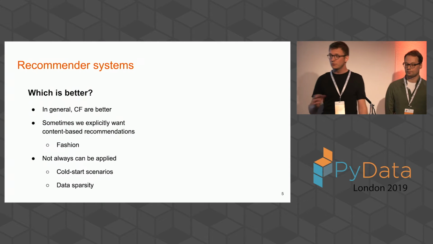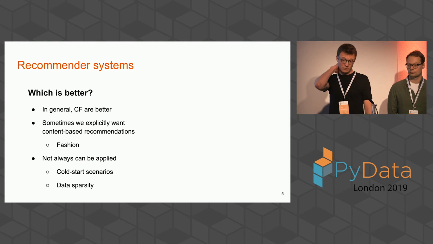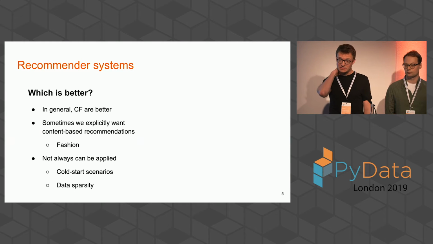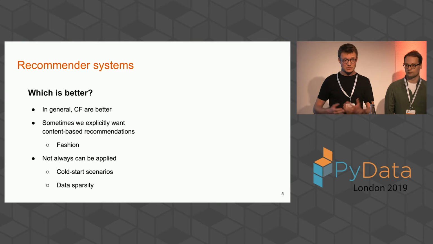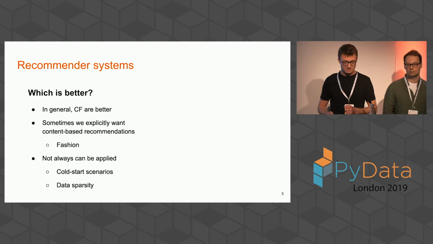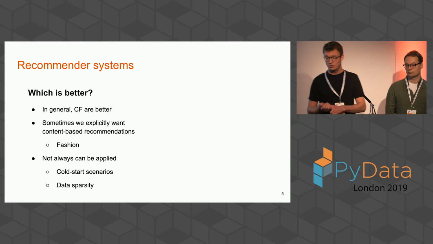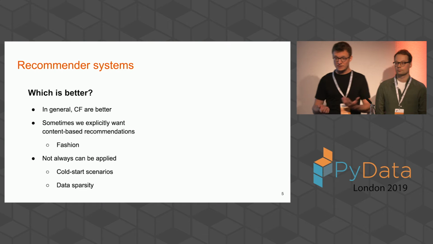And the question is which of those two is better, and in general collaborative filtering at scale always wins. I mean, we tested it multiple times in A/B tests, and at scale collaborative filtering always wins, but sometimes we explicitly prefer content-based. For example, in fashion we want to recommend similar dresses or similar shoes based on images. And sometimes we cannot use collaborative filtering because to do this we need a number of past activities associated with products.